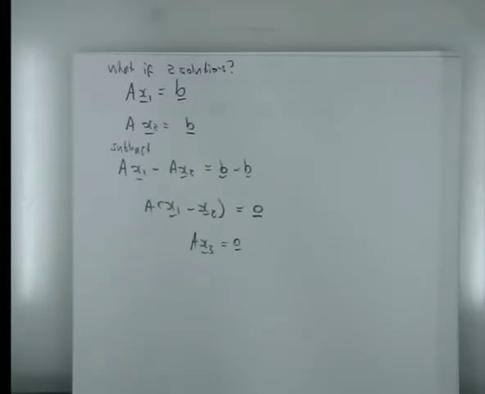So that's, you know, a sketch of the proof that if I find all the solutions where it comes out to 0, I'll actually be able to find all the solutions where it comes out to b, as long as I've got a place to start. Okay?